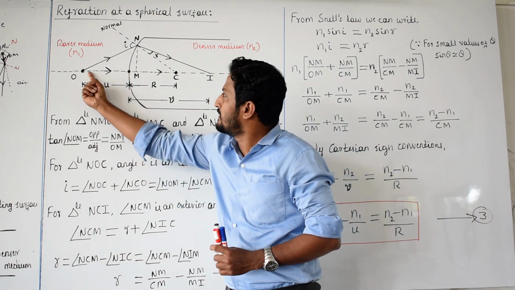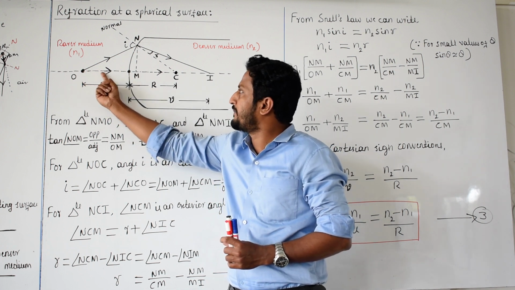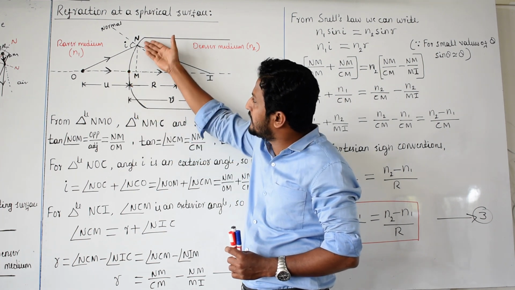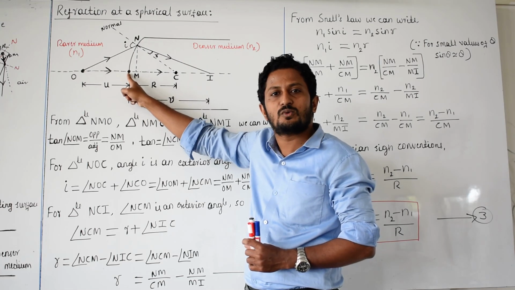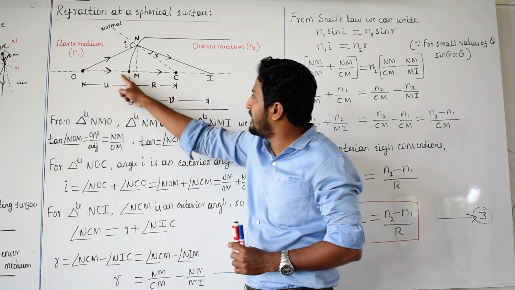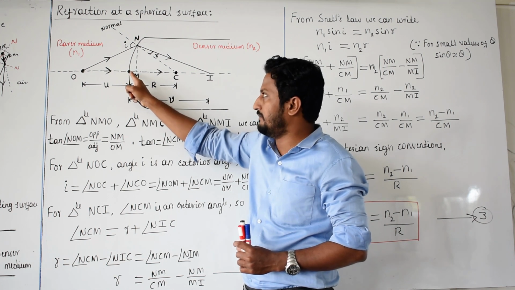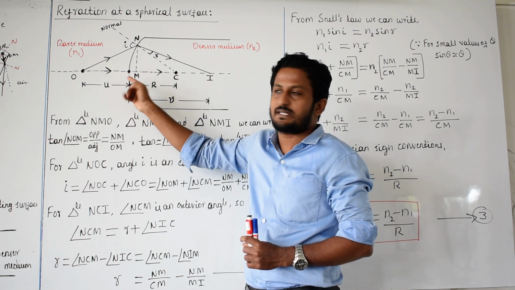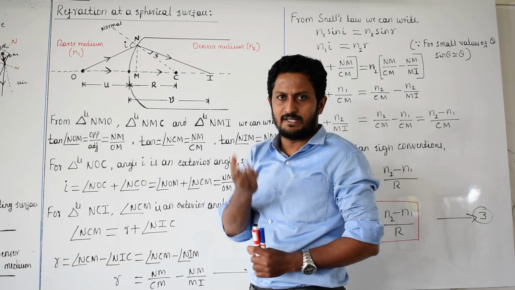This light also is coming from that object. Look at this light ray. It is coming and going to hit that curved surface at the pole point. Means this light ray got incident at this point normally. If you further extend this line, it is going to meet at the center point.